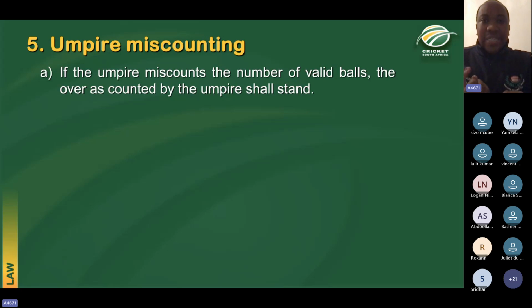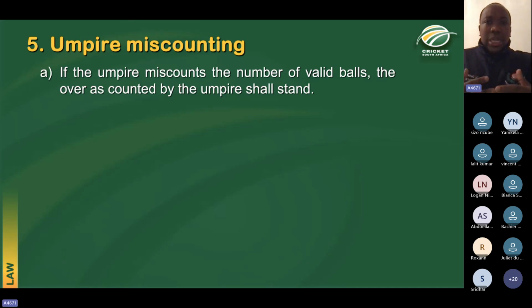If there's a wide, a no ball, a dead ball, a wicket that falls, or any injury or any other stoppage in play, reconfirm how many balls remain in the over after that stoppage has occurred.